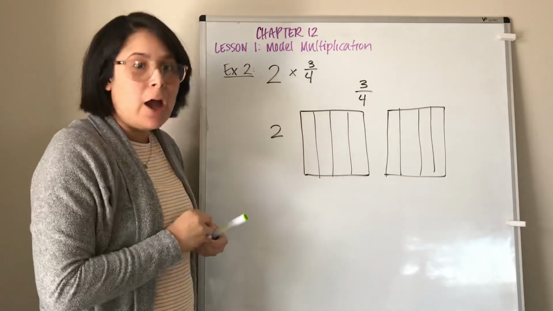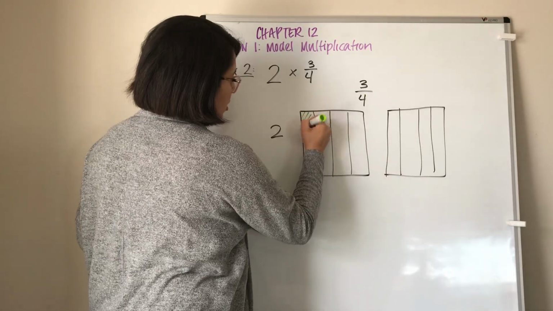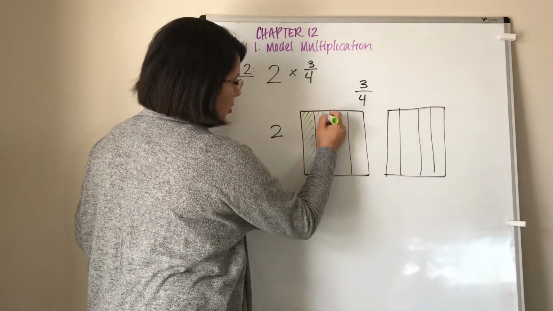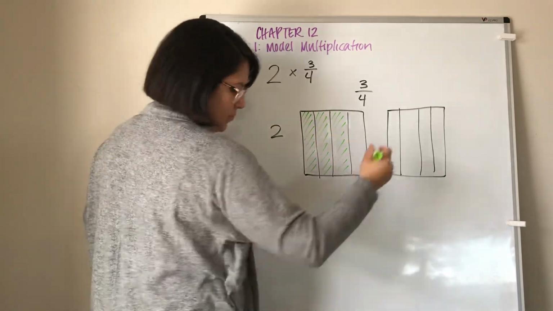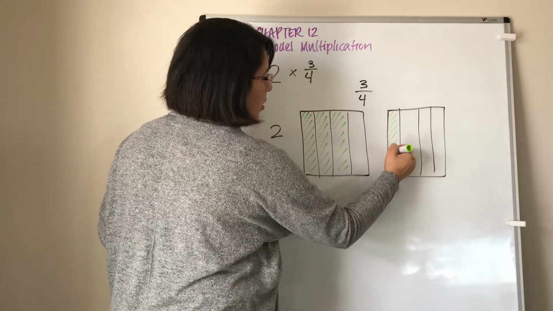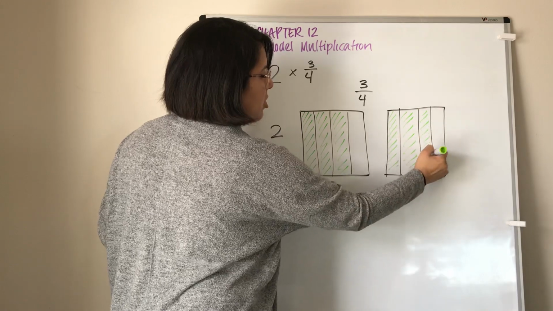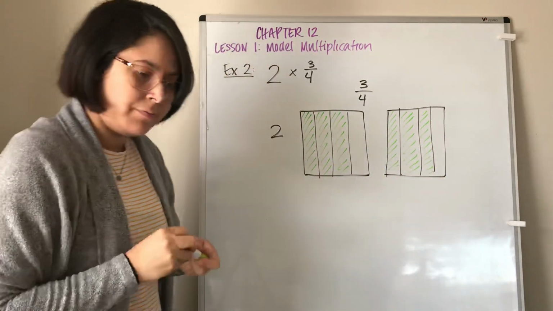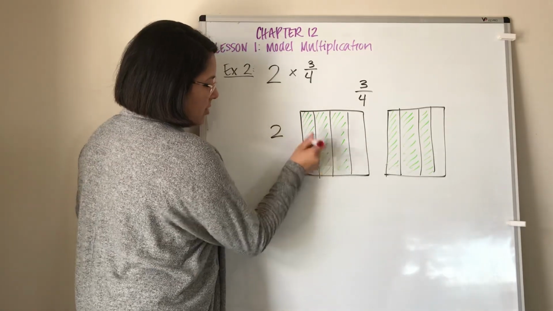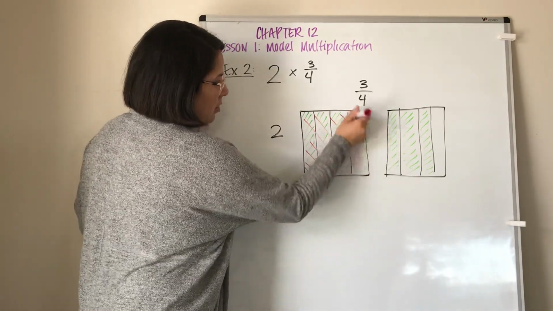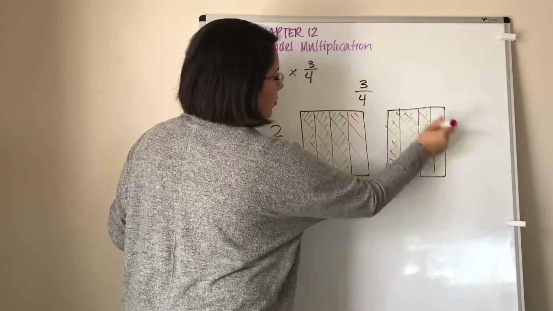But how many do I want shaded? 3, I want 3 shaded. 1, 2, 3. I forgot to shade my 2. Shade my 2 has to be all of it, because I want all 2.